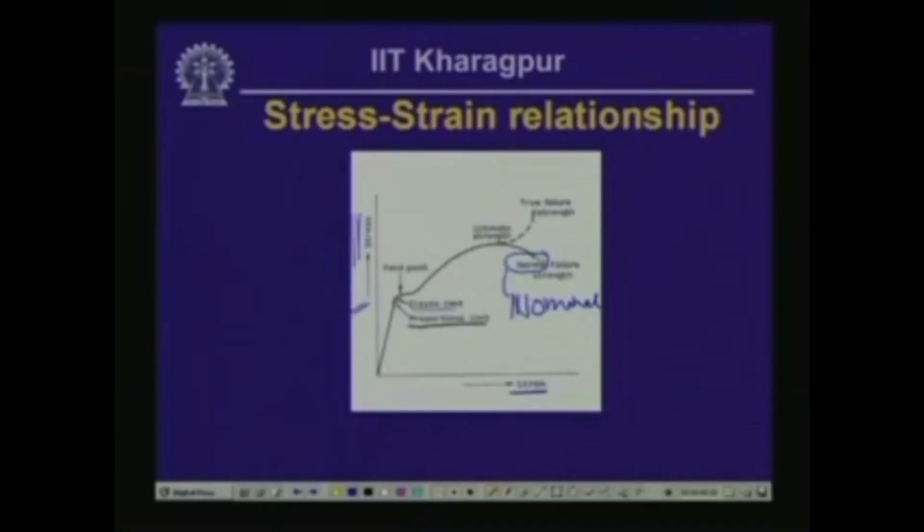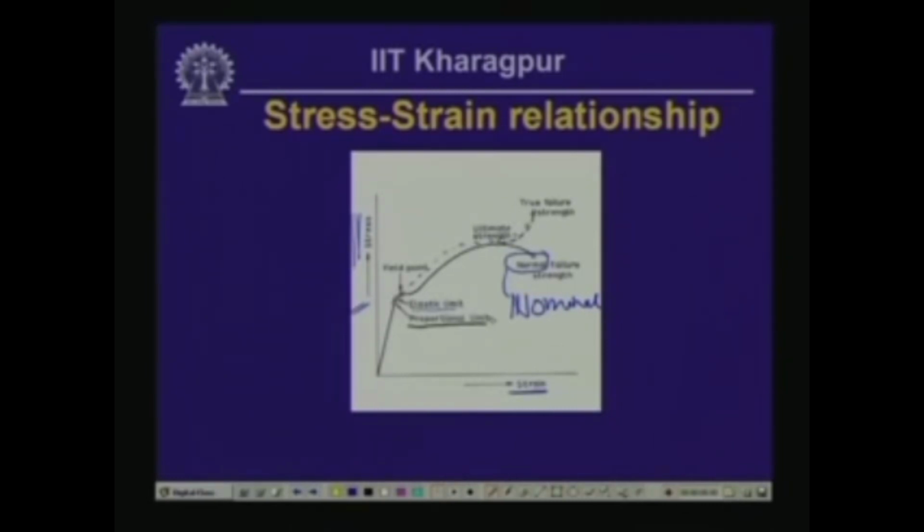The cross sectional area we always take as the original cross sectional area, and accordingly we get this profile of the curve. If we take the load divided by the actual area, then the stress value will be different from this. In fact, from this particular point we will have a configuration something like this.